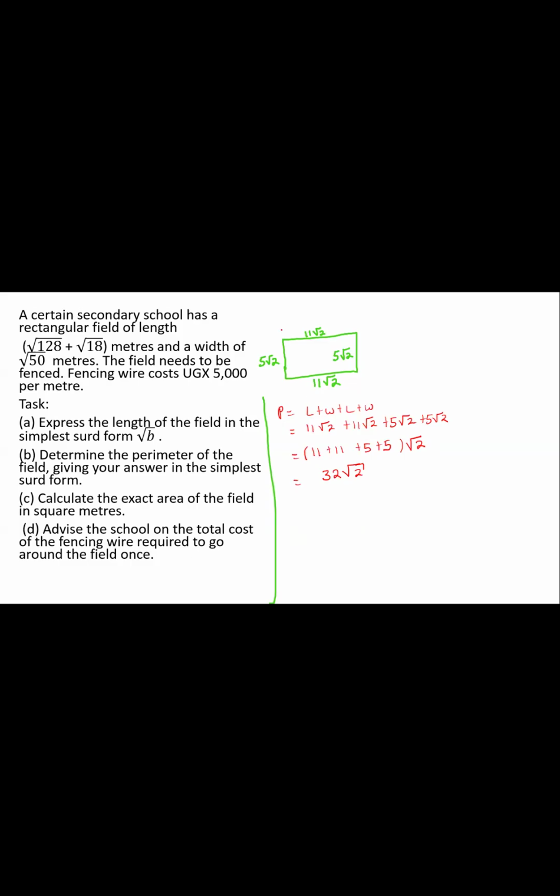I don't know whether this is okay. Now, in a simplified surd form, you can leave it here, it depends on what they want, or if you want to put it in the real side, in the other side, then you write 2048 meters.